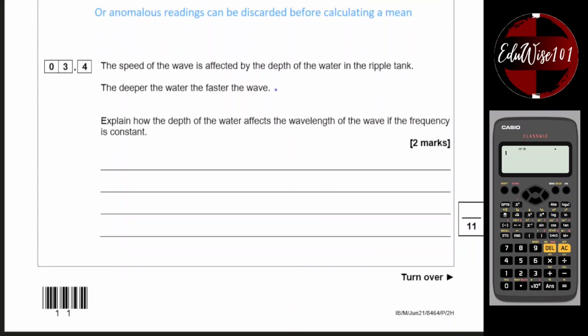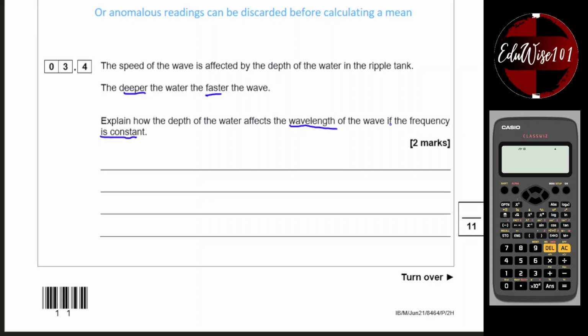Question 3.4. The speed of the wave is affected by the depth of the water in the ripple tank. The deeper the water, the faster the wave. So in deeper water, the wave is faster. Now, explain how the depth of the water affects the wavelength if the frequency is constant.